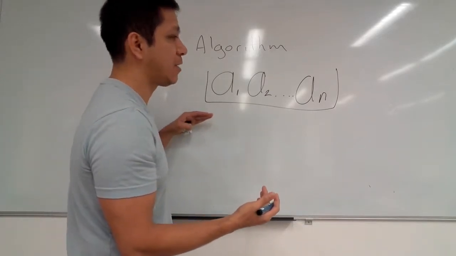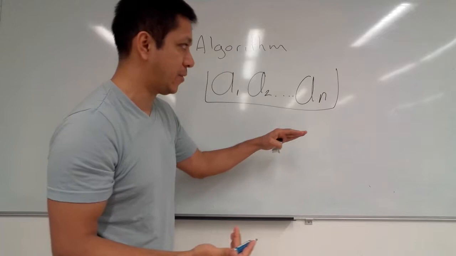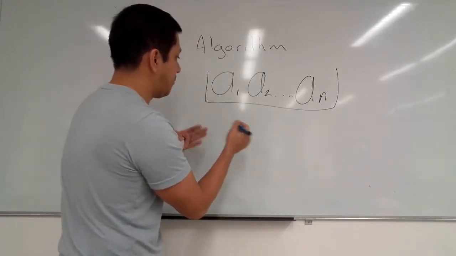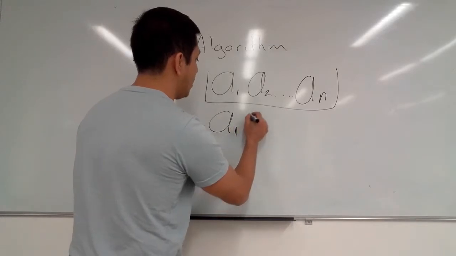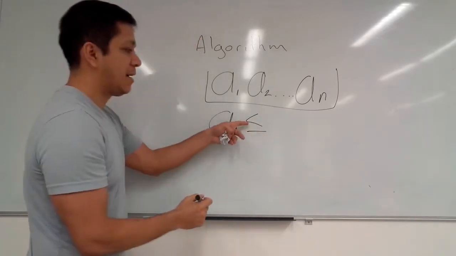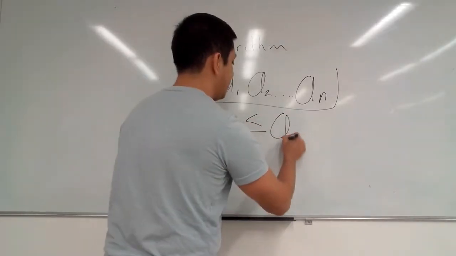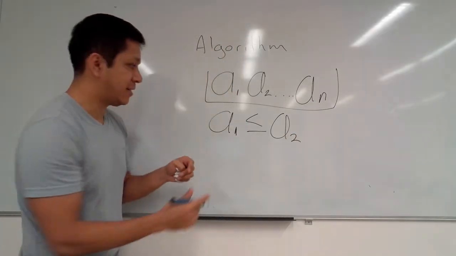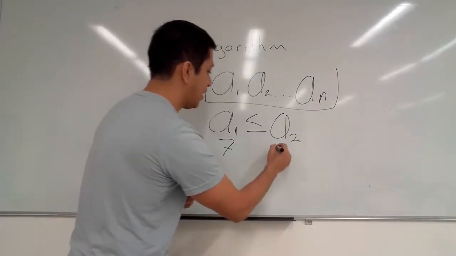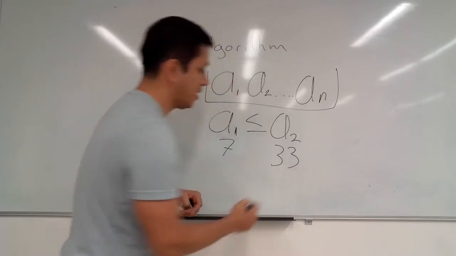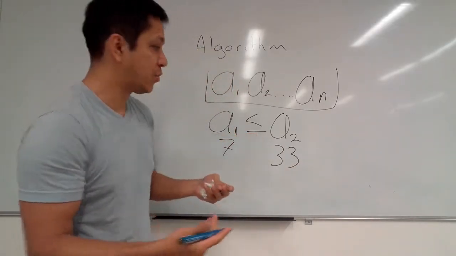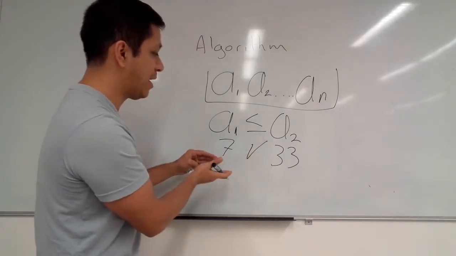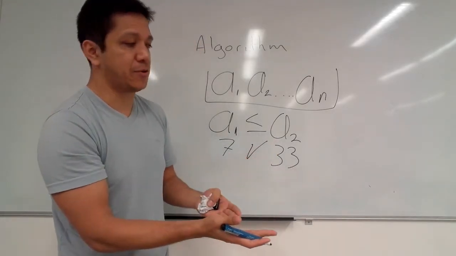If we want a sequence of numbers, we can place some rules that say, for example, A1 must be less than or equal to A2. That means if you put the number 7 and the number 33, that computational procedure is going to be okay, and that makes sense for the series of your numbers.